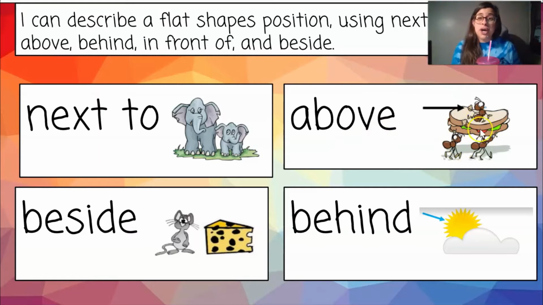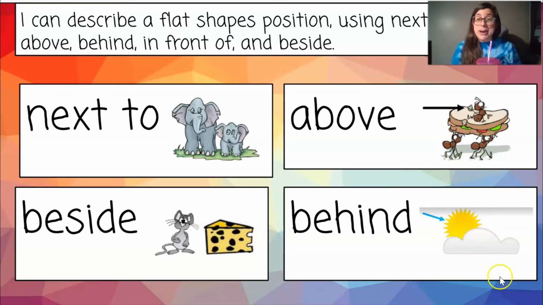Then we have the word above. Notice how the ant is above the other ant. So if I have my cup, my phone is above my cup. Then we have the word beside, which is super close to next to. My phone is beside the cup.